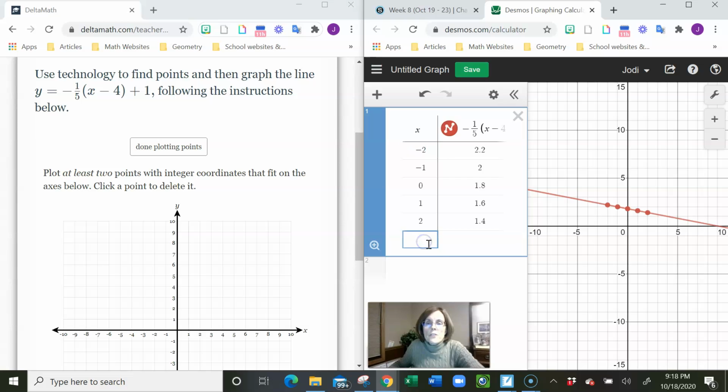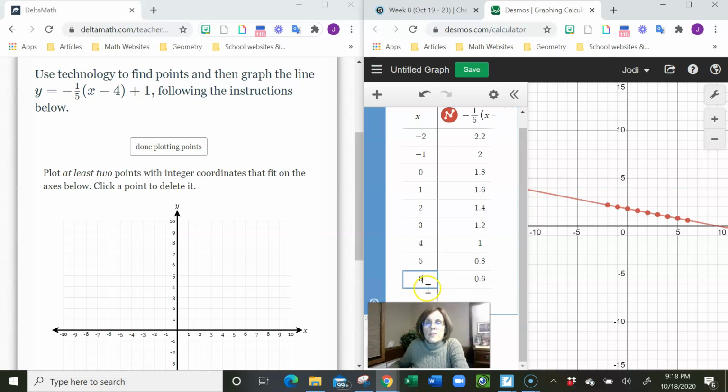Now, I could also type in 3, and that also gives me a decimal. 4, 1 works. And I can keep typing in X values, and they will keep giving me the Y values. Let me try one more, 8. So you can see 9, 0 works.